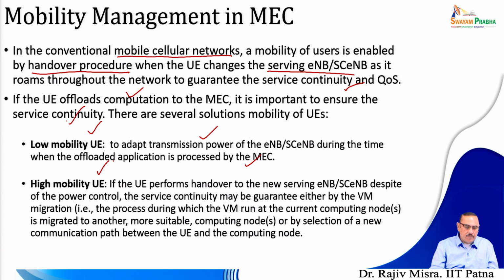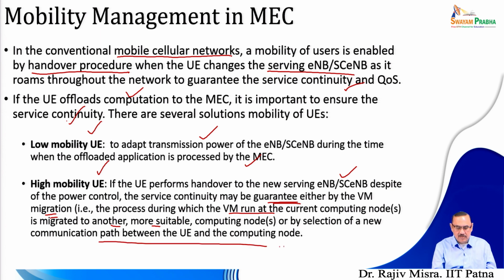For high mobility user equipment, if the user equipment performs handover to a new serving ENB or SCENB despite the power control, the service continuity may be guaranteed either by virtual machine migration, that is the process during which the virtual machine running at the current computing node is migrated to another, more suitable computing node, or by selecting a new communication path between the UE and the computing node.